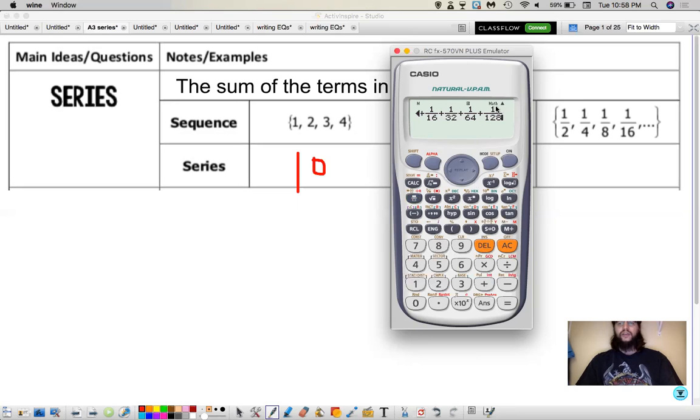So we should get 127 over 128. Think about what that's going to mean. We're getting more and more of these things. It's getting closer and closer to 1. So that's 0.992.